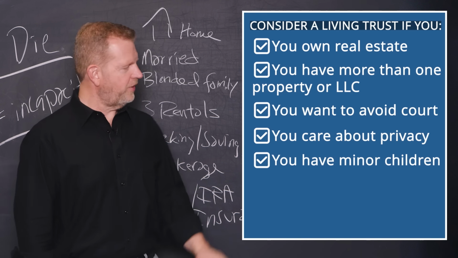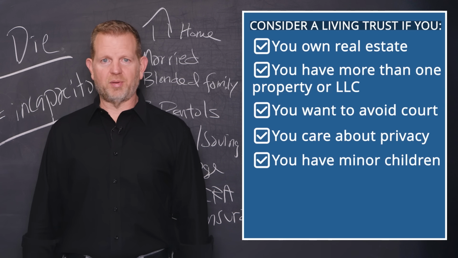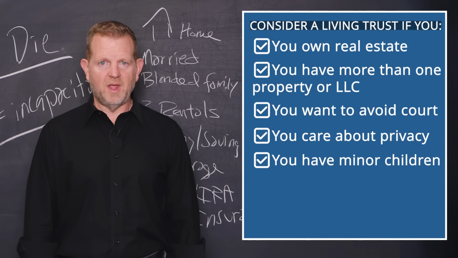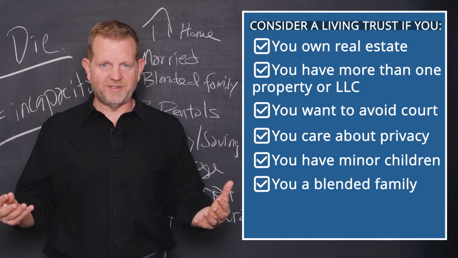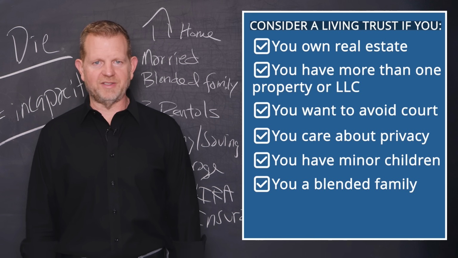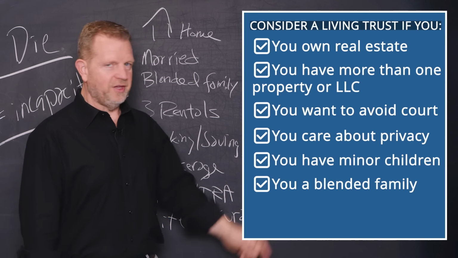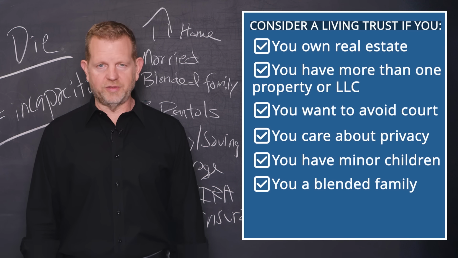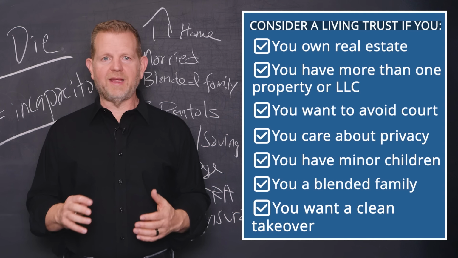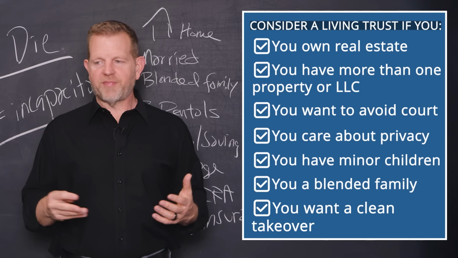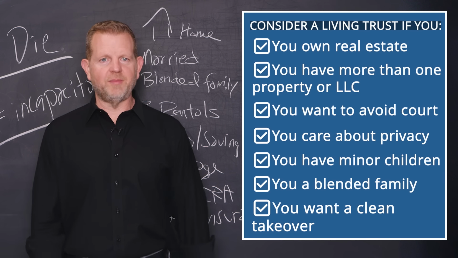So you got to make sure that you have some sort of plan, not just a will. If you have a blended family situation, it's very easy to disinherit somebody. You got to make sure that you're covering that by using a smart estate plan. If you want a clean answer to who's going to take over if something happens to me tomorrow.